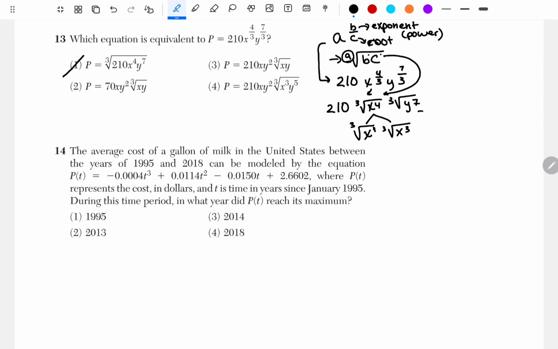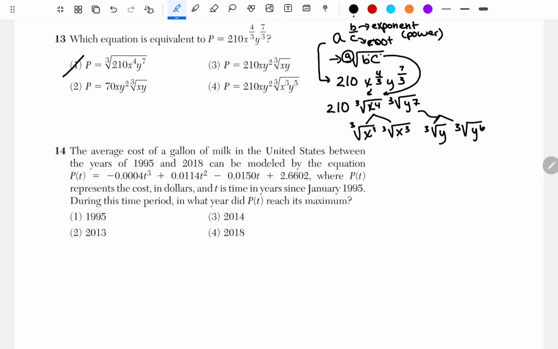We're going to do the same thing to the cube root of y to the 7th, and it's going to be cube root of y times the cube root of y to the 6th. Again, if we multiply these together, we add the exponents, and we get y to the 7th. Now, why we did this is so we can get these two under one common root.